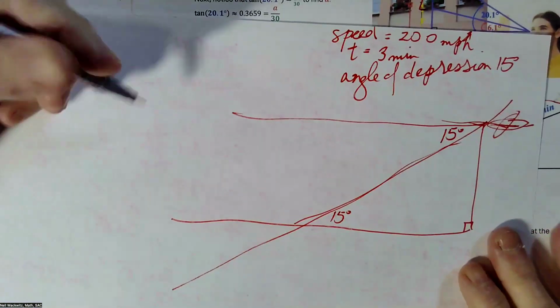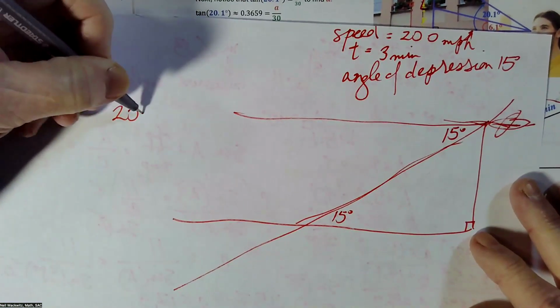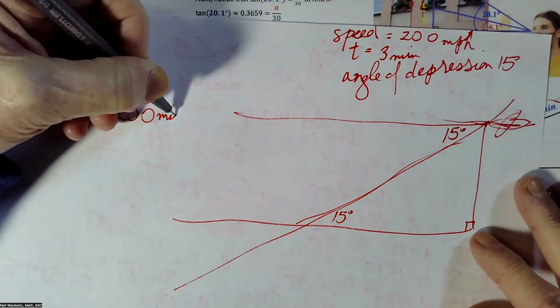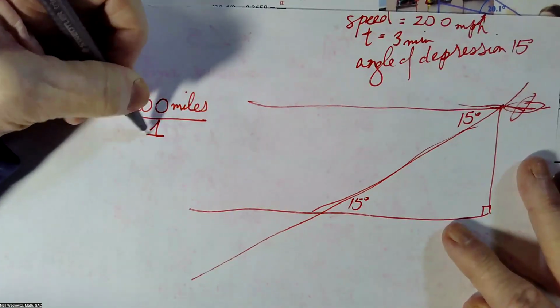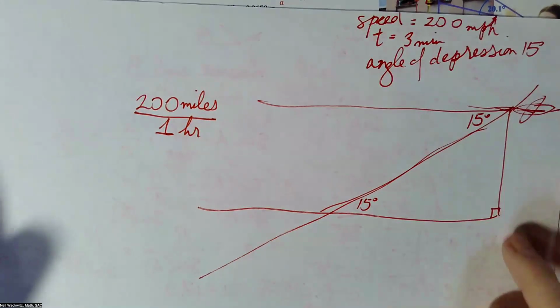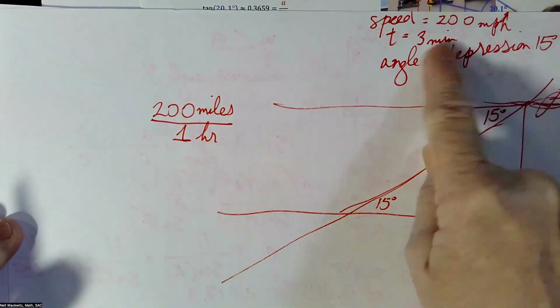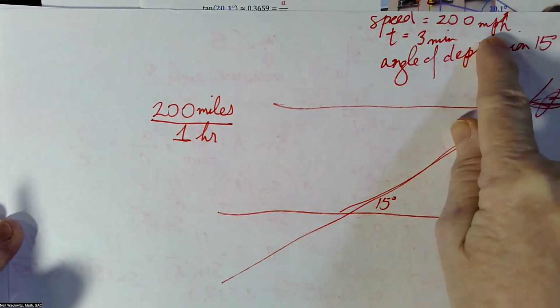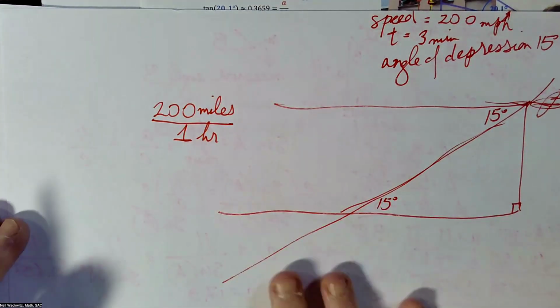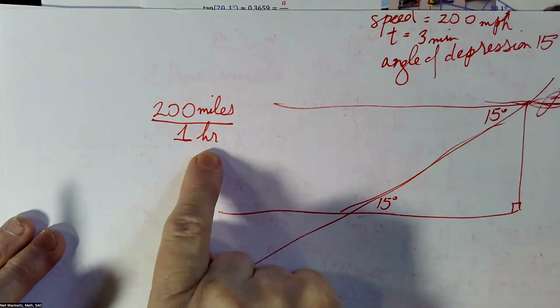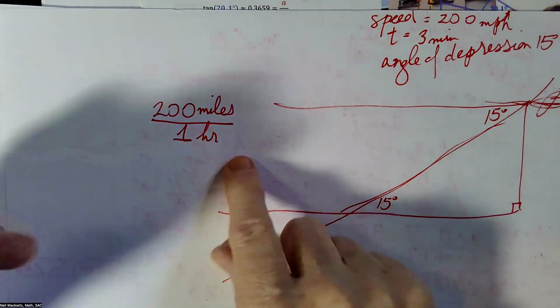So let's see. We've got 200 miles per 1 hour. So the per in the miles per hour, I made it look like a division so that I could figure out how to go from hours to minutes.